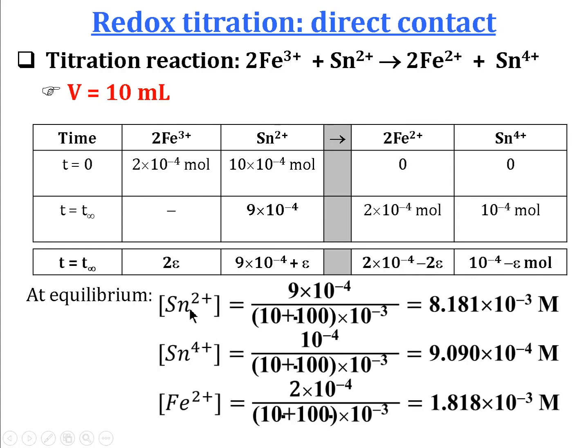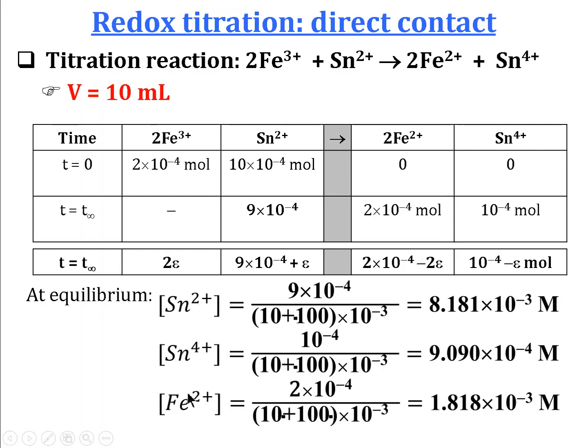So at equilibrium, Sn2+ is equal to the number of moles formed at equilibrium divided by V total, which is 110 ml. So Sn2+ at equilibrium equal 8.181 times 10^-3, Sn4+ at equilibrium equal 9.09 times 10^-4, and Fe2+ equal 1.818 times 10^-3 molar.